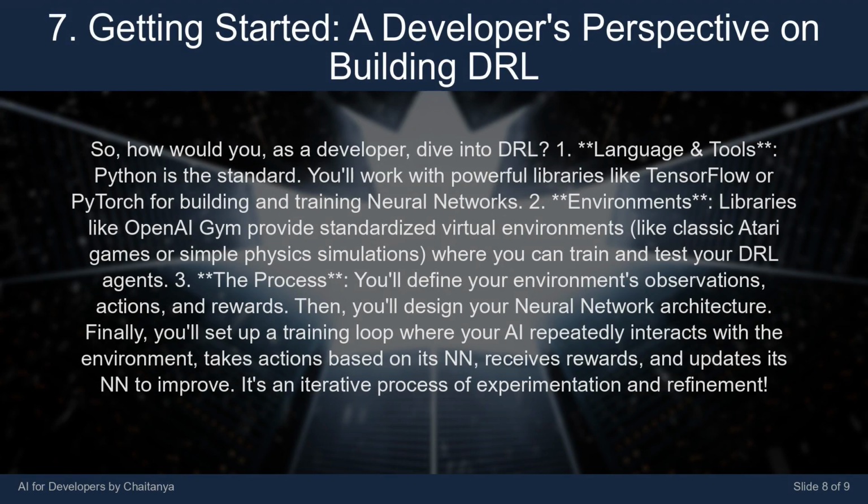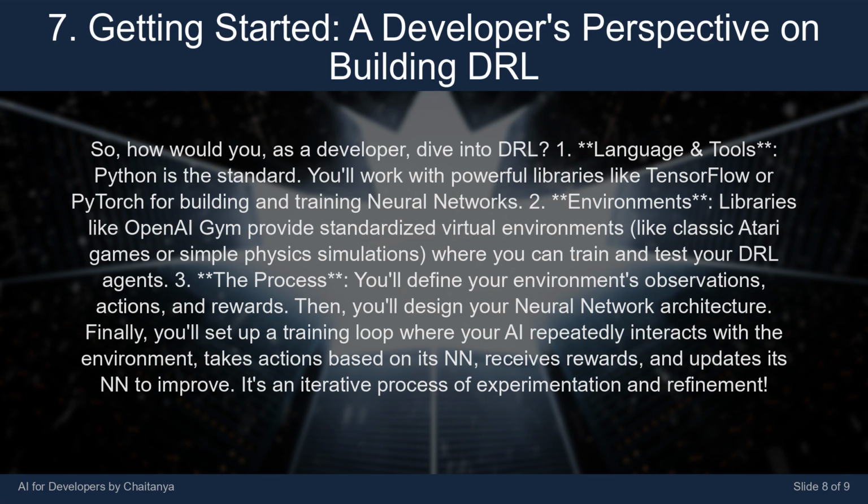So, how would you, as a developer, dive into DRL? 1. Language and tools. Python is the standard. You'll work with powerful libraries like TensorFlow or PyTorch for building and training neural networks. 2. Environments. Libraries like OpenAI Gym provide standardized virtual environments, like classic Atari games or simple physics simulations, where you can train and test your DRL agents. 3.